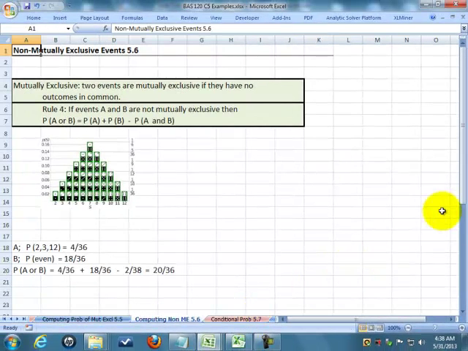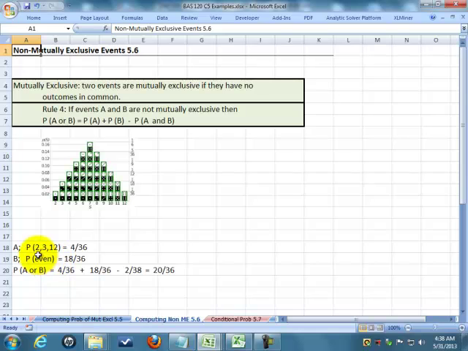Now, I could have non-mutually exclusive events. What about if my event A is rolling a 2, 3, or 12, and event B is rolling an even number? Well, they're not mutually exclusive anymore because if I roll a 2, I've accomplished both. So somehow I've got to take out those where my results meet both event A and event B's restrictions.